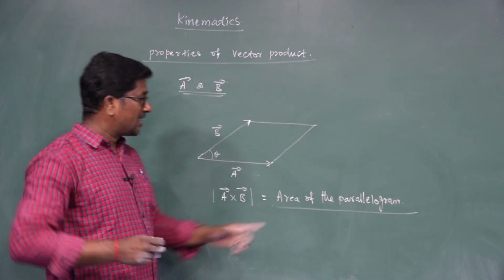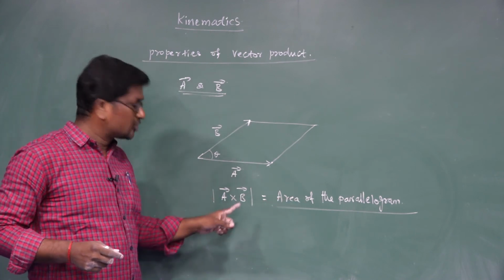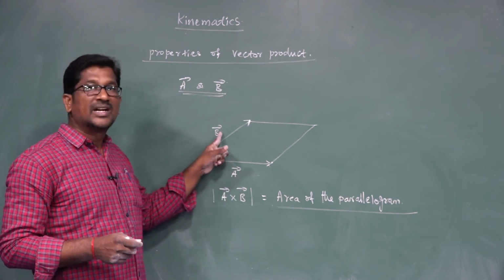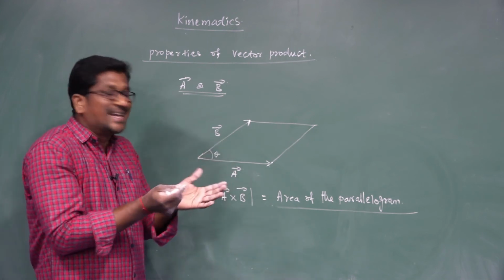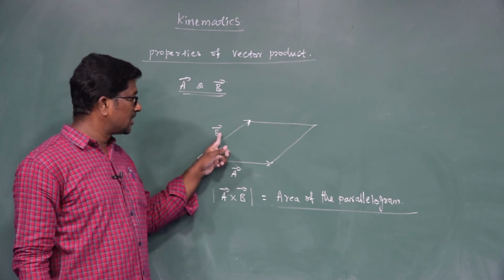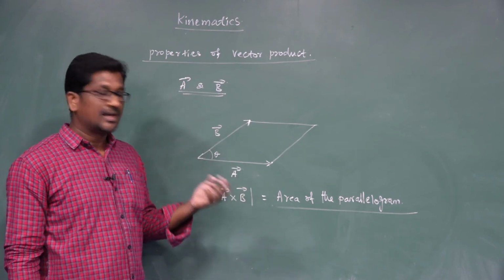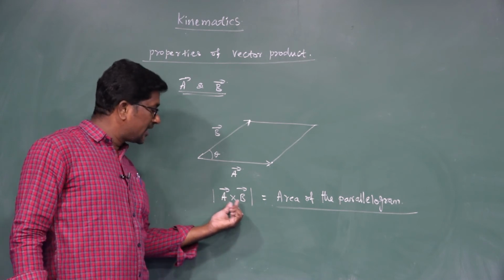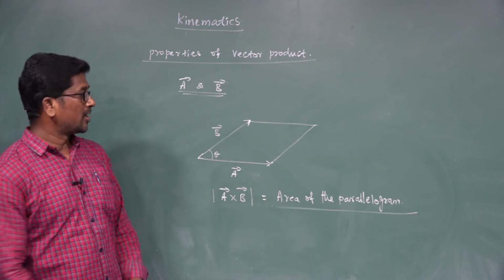The area of the parallelogram is equal to the modulus of the cross product or vector product of A vector and B vector, if they are the two adjacent sides of a parallelogram making an angle of theta. Area of the parallelogram, right?